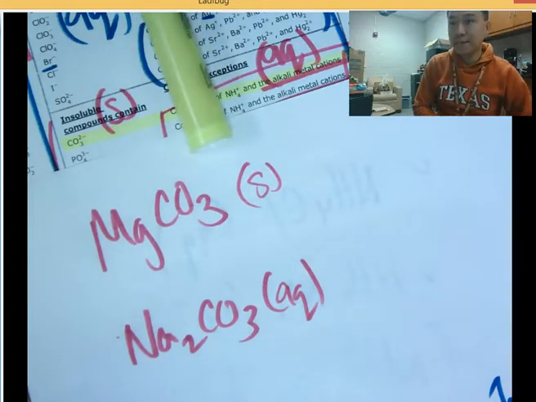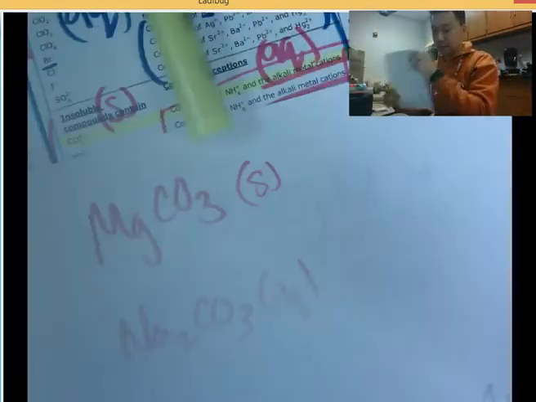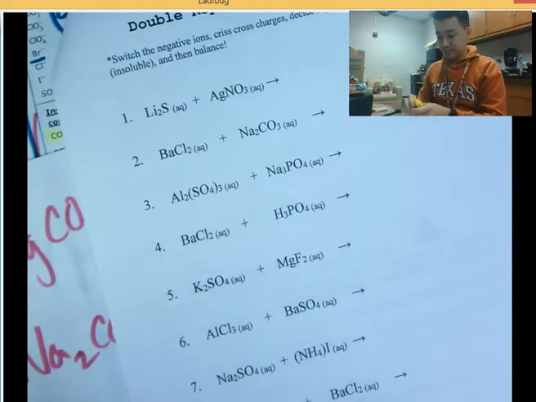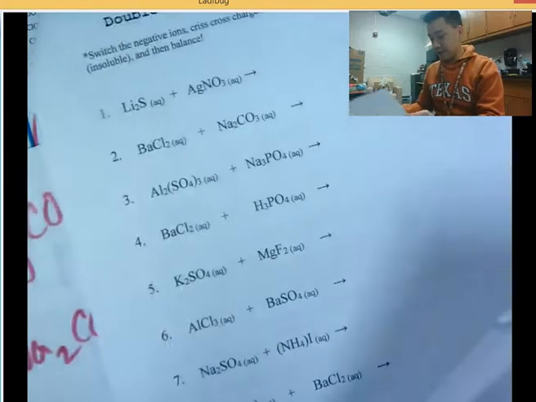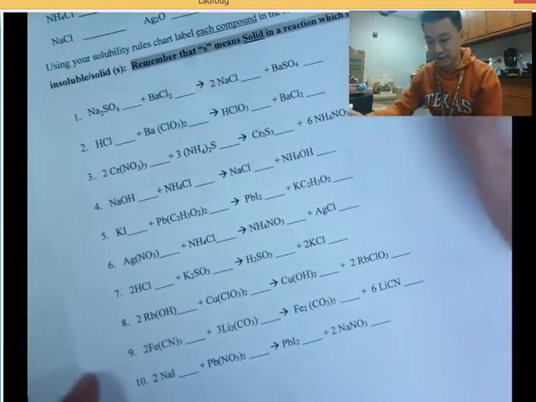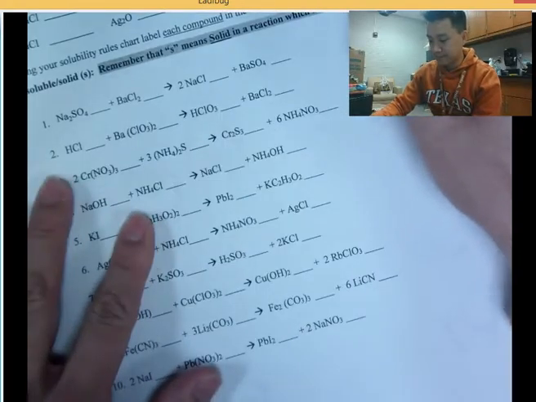So how do I apply this? You have a paper that looks like this. Actually, you have a paper before this that looks like that. Go through this one and identify whether or not it is soluble. Is it solid or aqueous?